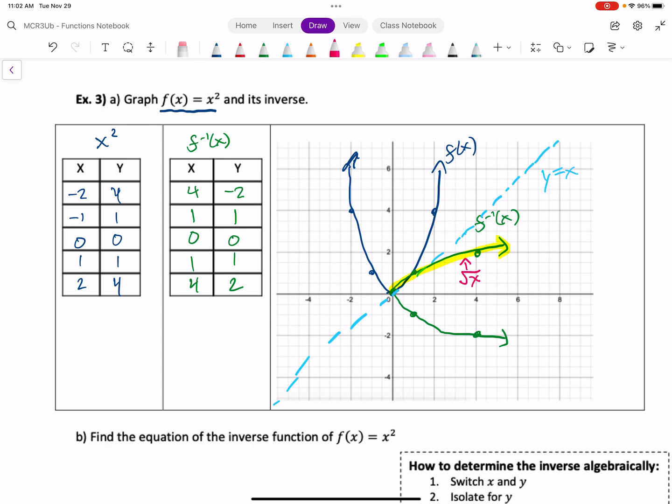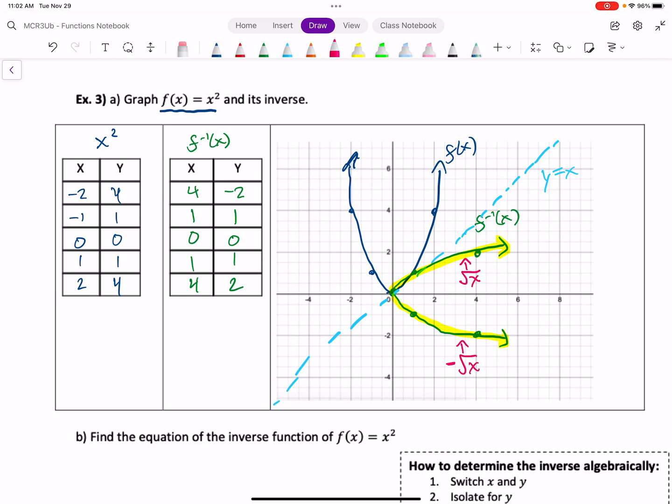Now, if I look at the bottom part, this part down here, that looks also like root x, but what's happened is, and hopefully you recognize it, it is the reflection of that over the x-axis, which is the negative of root x. What's happened is the original function, which is x squared, the inverse of x squared is plus or minus the square root of x.